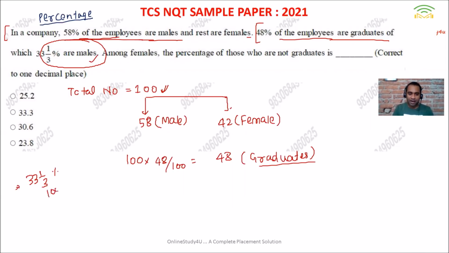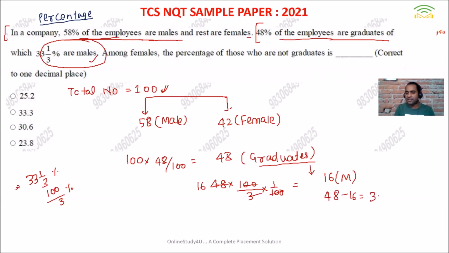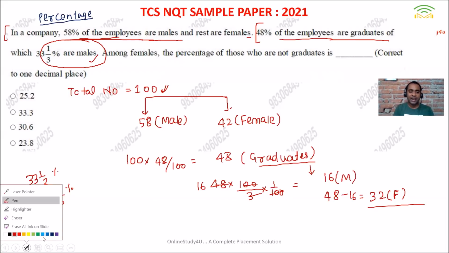So 100 cancels and 3 times 16, so out of these graduates, 16 graduates are male, and 48 minus 16 is 32. So 32 are female. There are 32 females who are graduates.